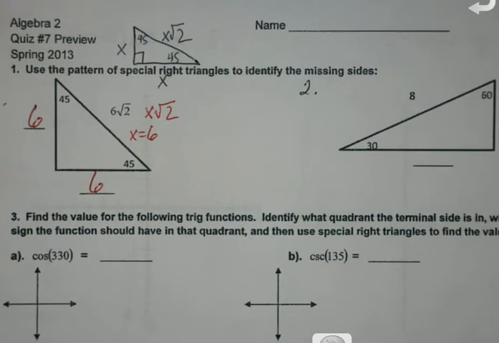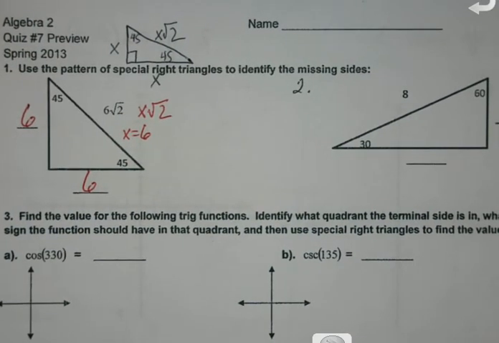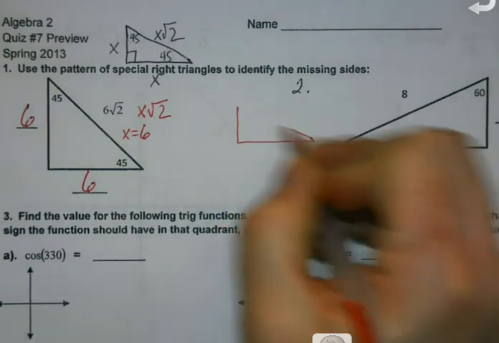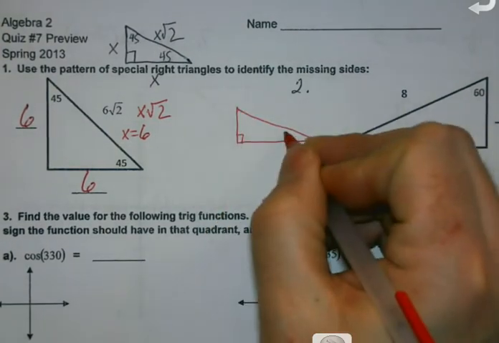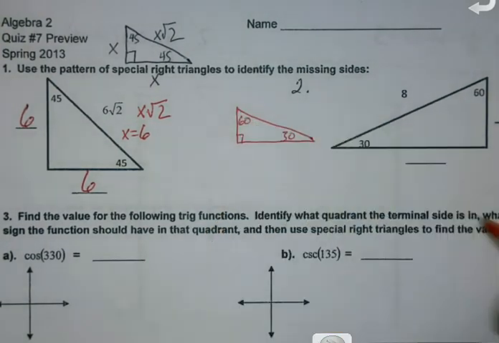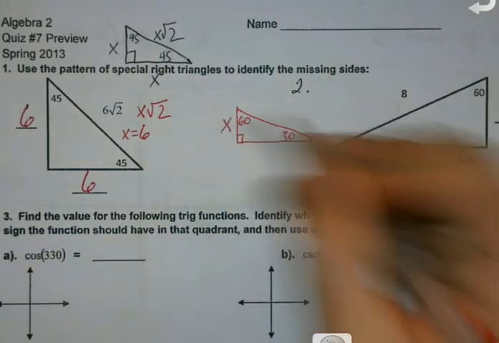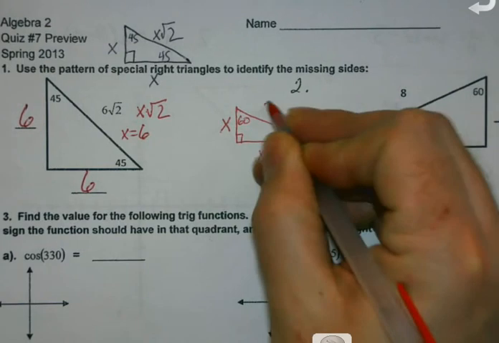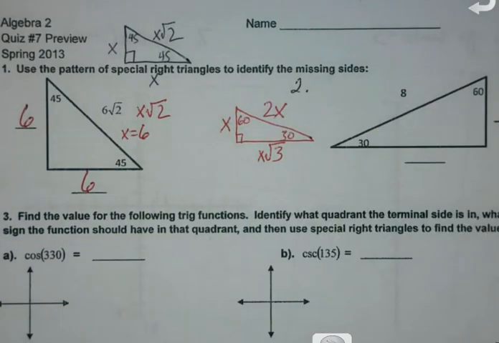When I move over a little bit and squeeze into number 2, I've got a 30, 60, 90. Short side is x. Long side is x root 3. Hypotenuse is 2x. Okay, so that's my base for my special right triangle.